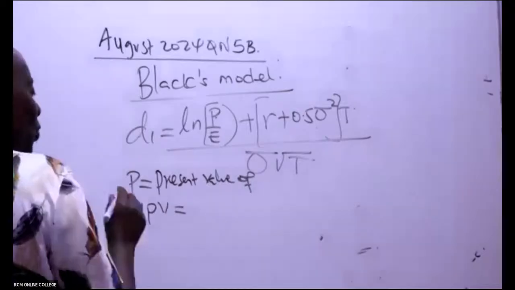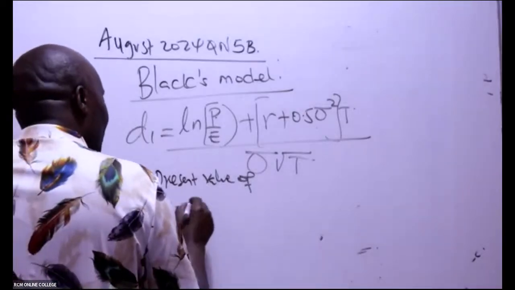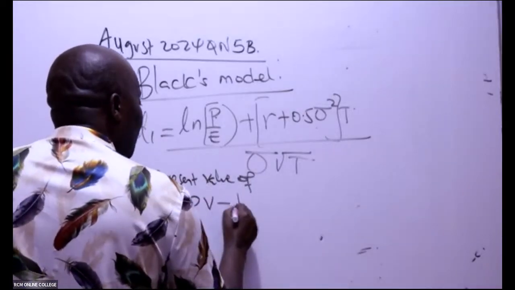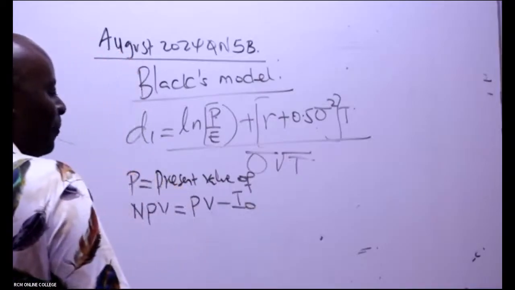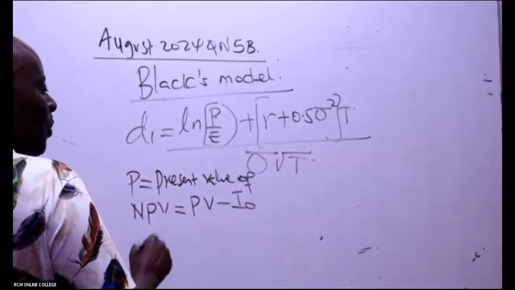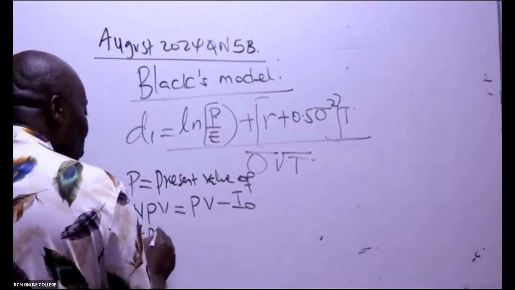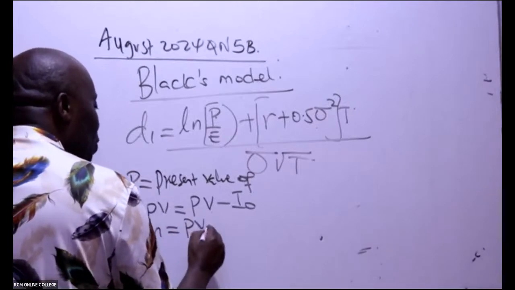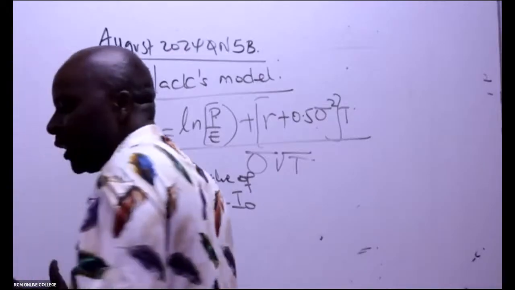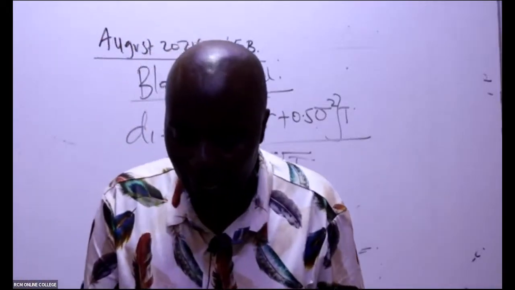Anytime they give us net present value, we normally take the present value minus initial outlay. So NPV has been given as 4 million. Present value is what we want. Do we have the initial outlay in this question?